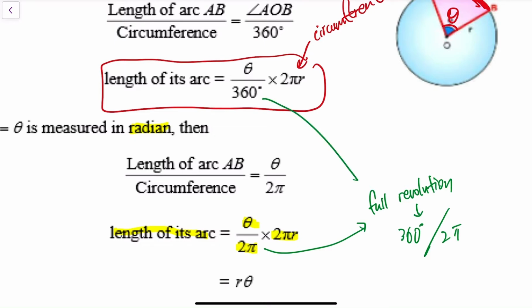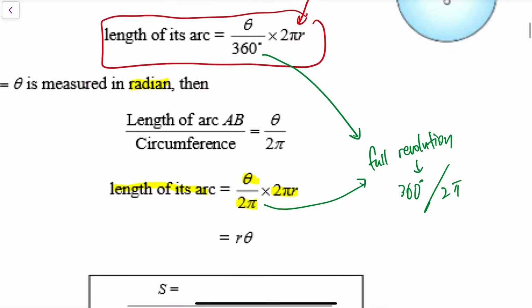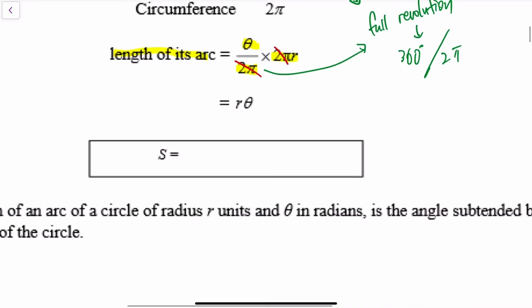So we either use 360 or 2 pi, depending on whether you're using degree or radian. In radian mode, the 2 pi and 2 pi cancel, and you get r theta. So s is equal to r theta.